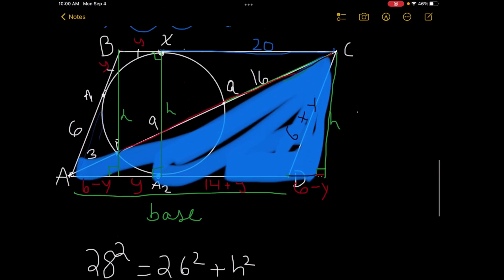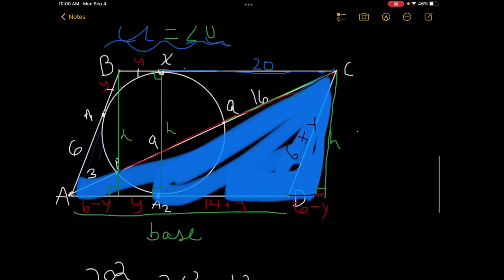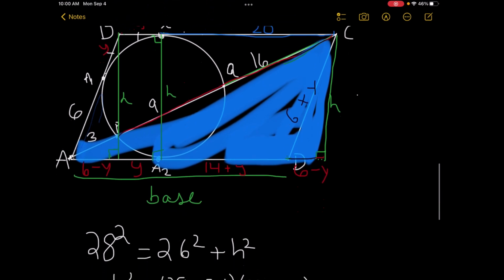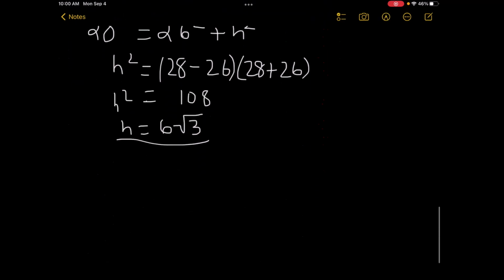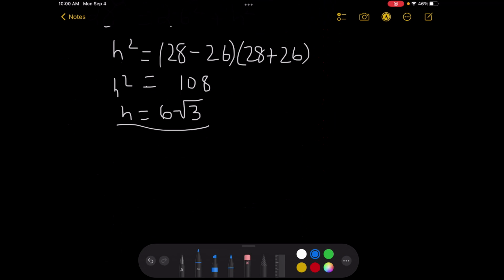Well, luckily for us, we can use one of these right triangles. Traced in blue. We know the value of h. So let me redraw one of those right triangles. This side has length 6 plus y.